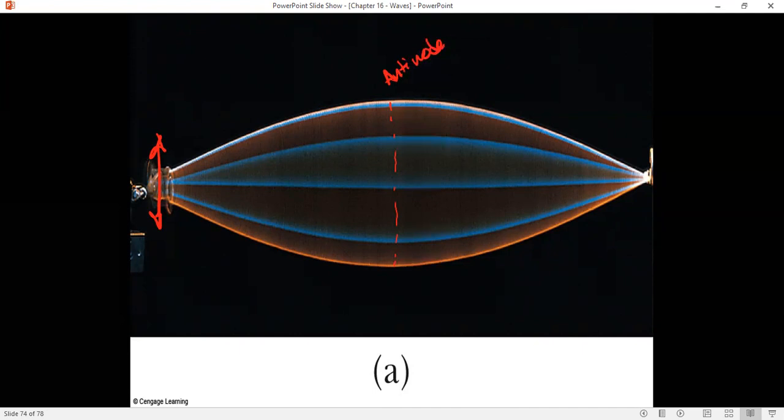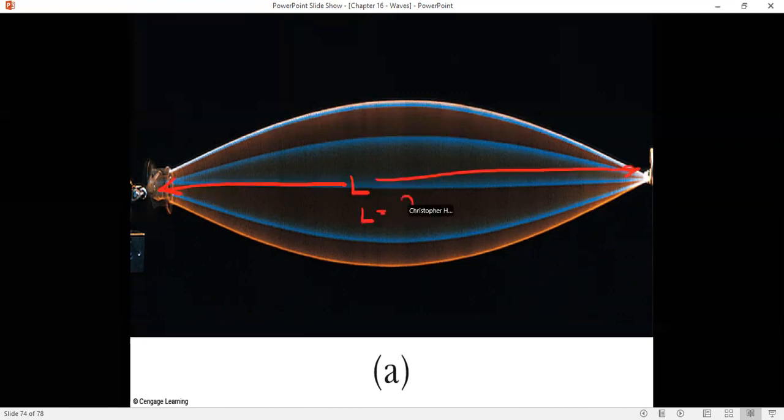We say that technically where it's not moving is a node, so I guess at both ends, you would have a node. We normally ignore those. So that's a fundamental. That's the lowest frequency. And this length right here is equal to 1/2 the wavelength.